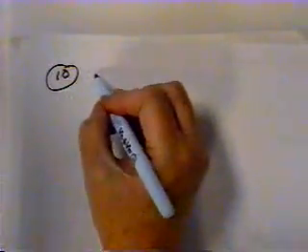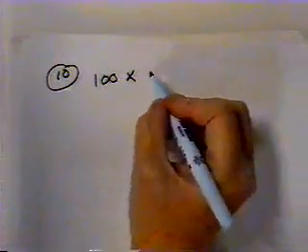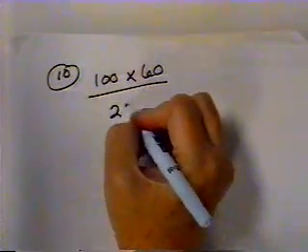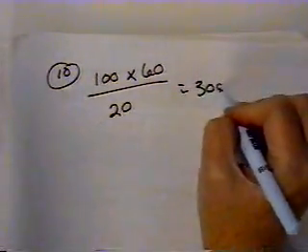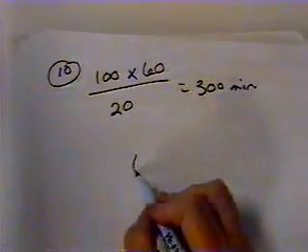Okay, number 10. It's still milliliters times the drop factor. Instead of dividing by minutes, though, we divide by drops per minute. But this answer is in minutes.